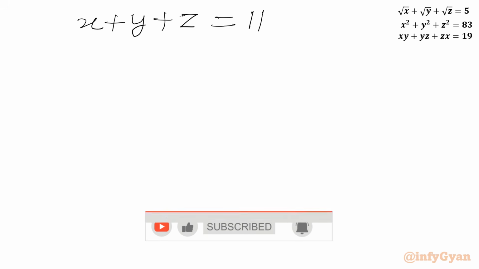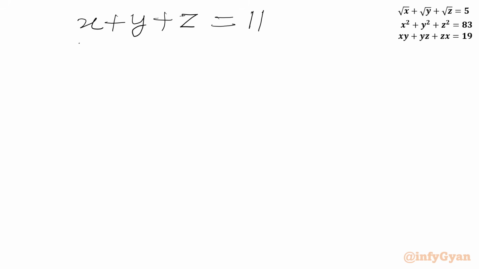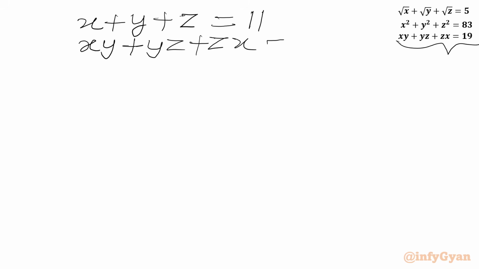This was our equation number 4. Second equation I will write xy plus yz plus zx, which is our equation 3. Value is 19. And next equation I will be writing xyz, our equation number 6. This value was 9.